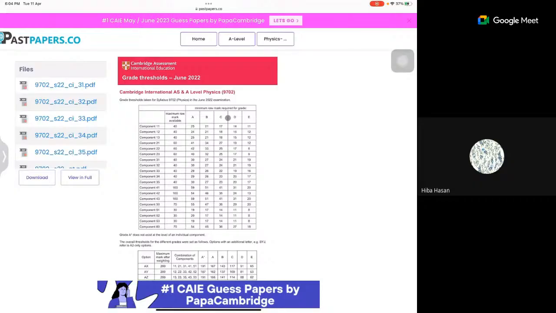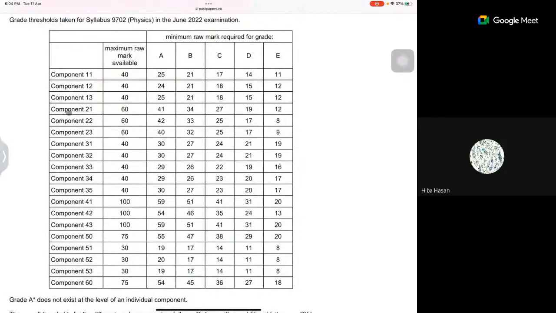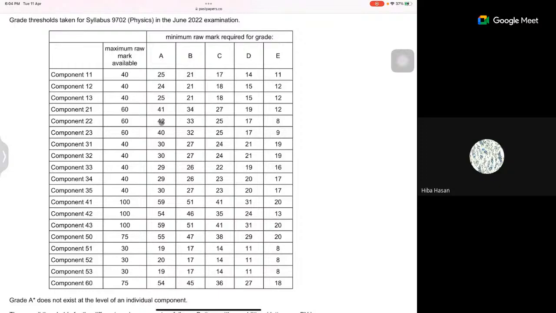So putting your paper into the Google Classroom is very important that way. Okay. So component 2, and if you've got 42 or above, that's an A, and the higher you go is better. But because this was easier, you see the grade boundary is much higher.